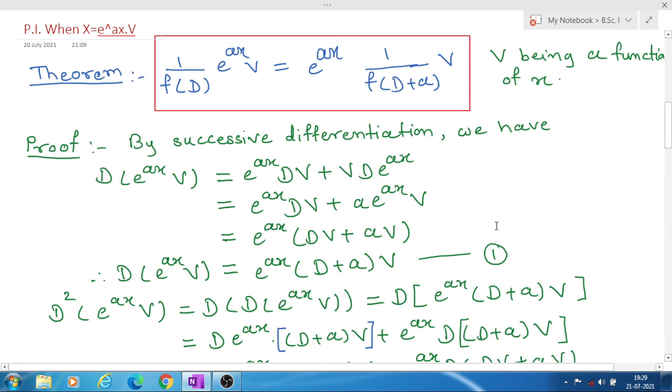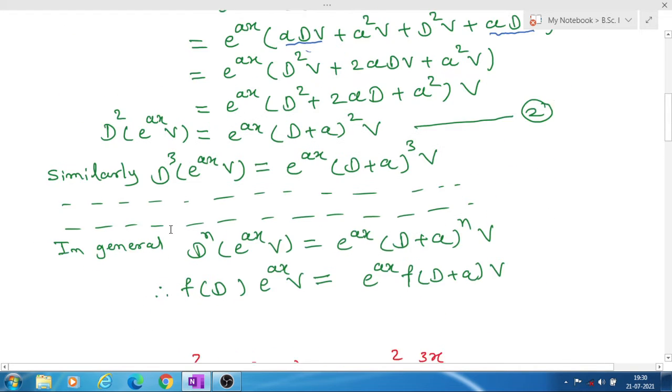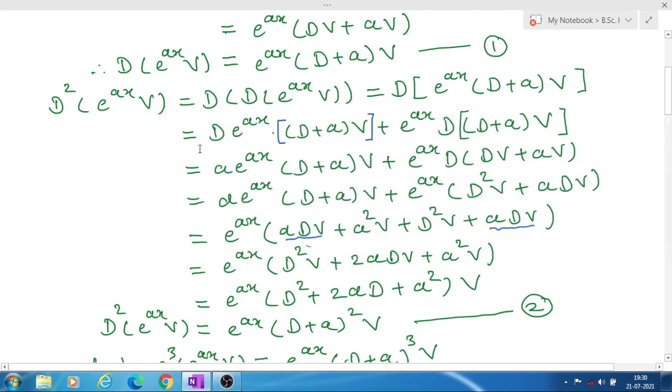Now let us see the second derivative. D square of e raised to ax v is equal to D into D of e raised to ax v, that means derivative of derivative. The first derivative we have seen here, so put the value of D of e raised to ax v into this bracket.